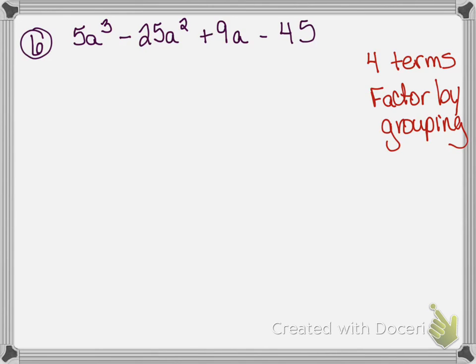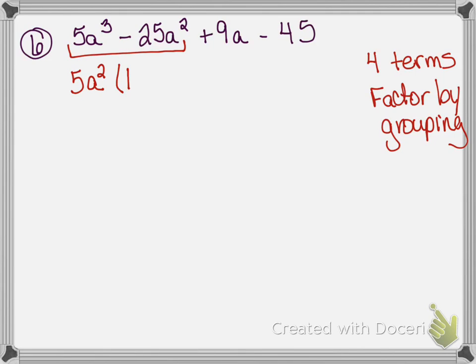Factor by grouping. Okay? So what I do is I look at these first 2 terms right here, and I decide what's common to both of them. There is a 5 in both of them, and there is an a to the second power in both of them. So now I do 5 times what gives me 5?